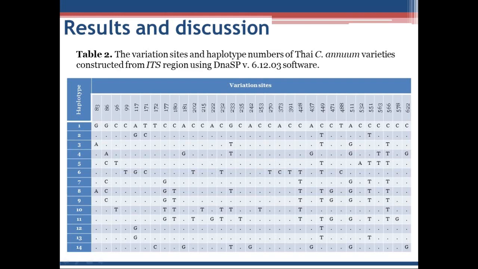This table shows the total number of 33 nucleotide variable sites from 14 haplotypes of Thai Capsicum annuum varieties based on the ITS regions.